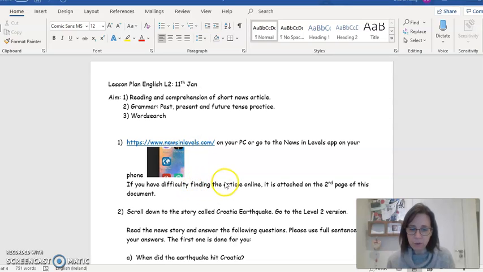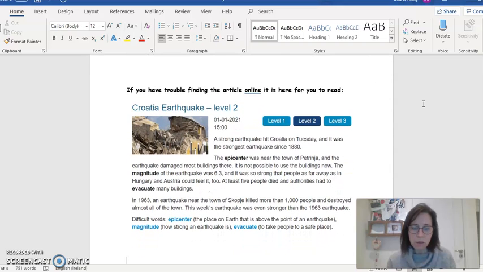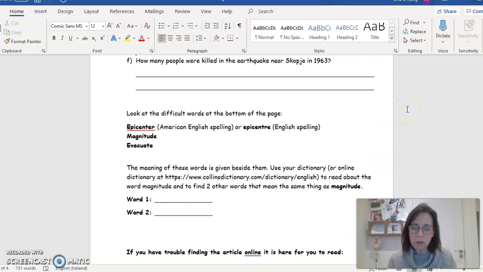If you have difficulty finding the article online, it is attached in the second page of this document, and I'll just scroll down so you can see where I'm talking about. So this is it here. Okay, Croatia earthquake, and it's the level 2 version, and this is what I'm going to ask you to read. So it is here in the document that you have in your email, but if you want to look at it online, it is also online.